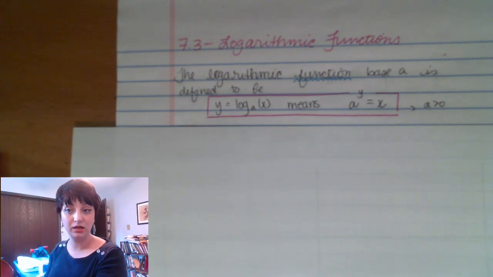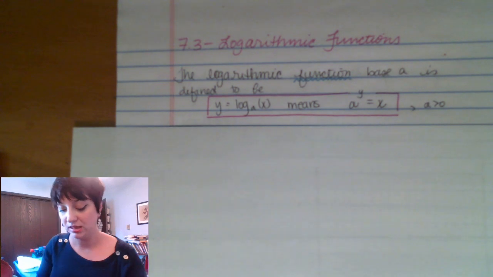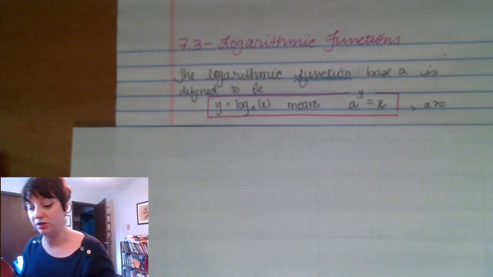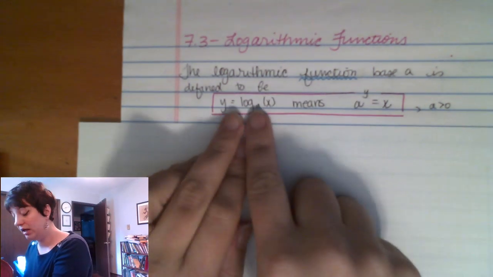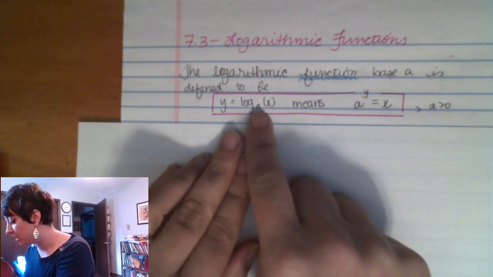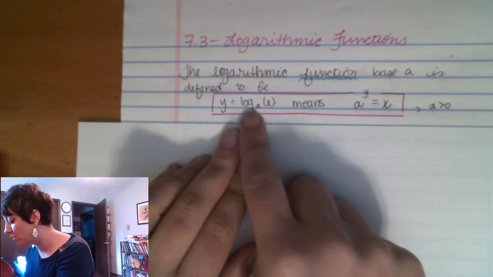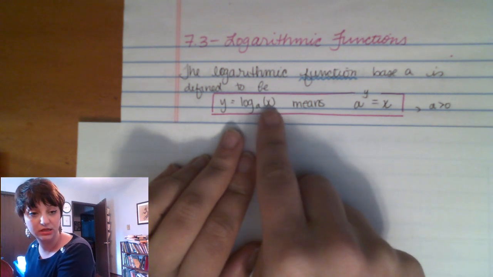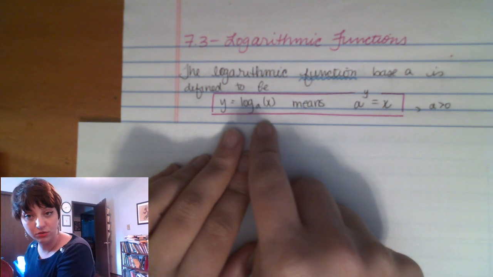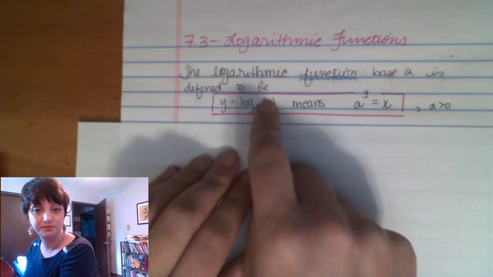I really want to enforce the idea that log is a function. It looks strange, with a word next to the x, and students sometimes think they're multiplying. They are not multiplying. Log is the name of my machine.